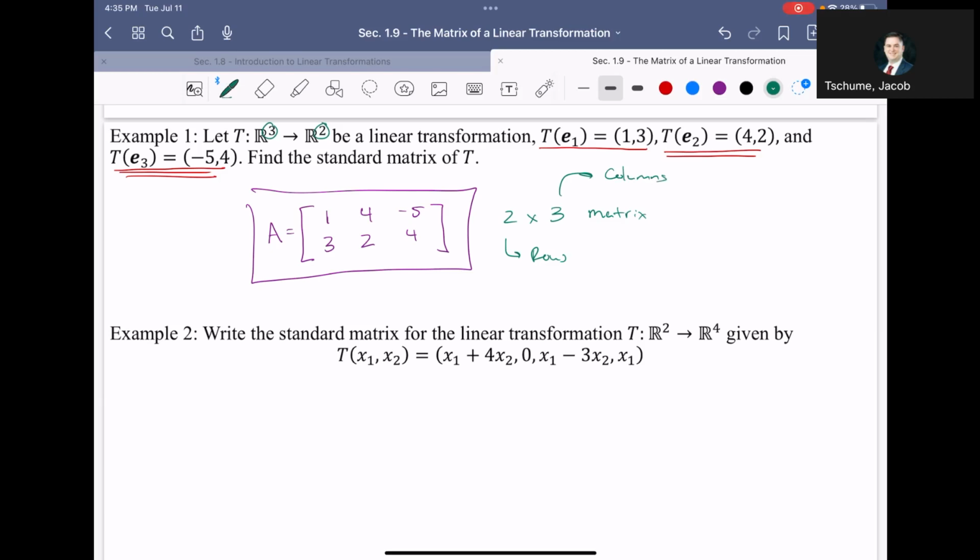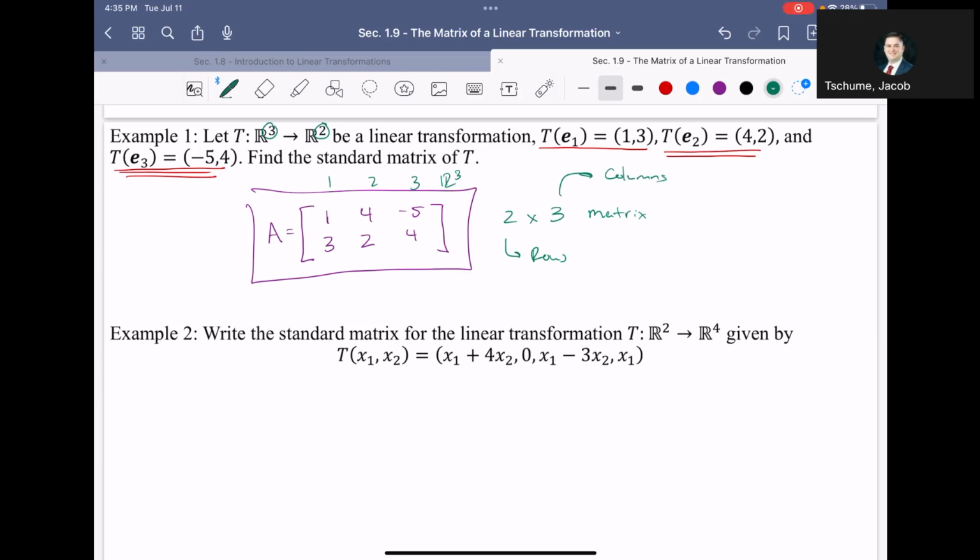But if you notice in your transformation, the number of the mapping is in the opposite order of how we read matrices. So going forward, whatever the first mapping is, so in this case, R cubed, that tells you the number of columns that you're going to have in your matrix.